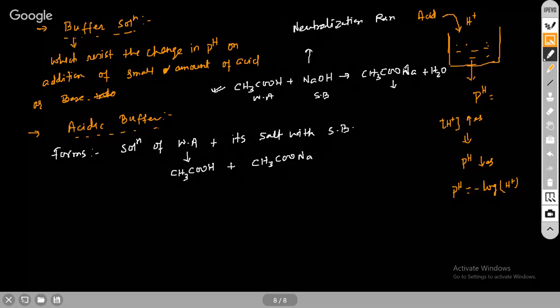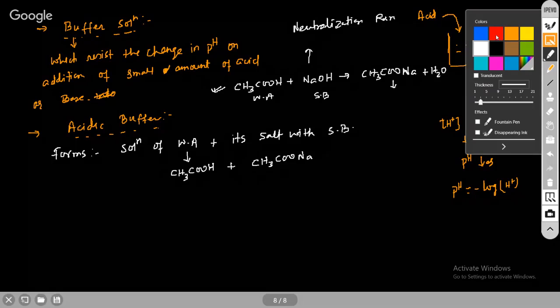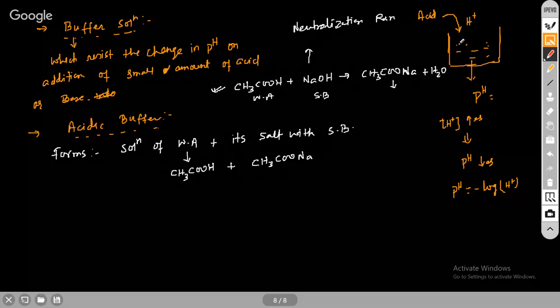Now if I give you 1 mole of this and 1 mole of NaOH, is this a complete neutralization reaction?